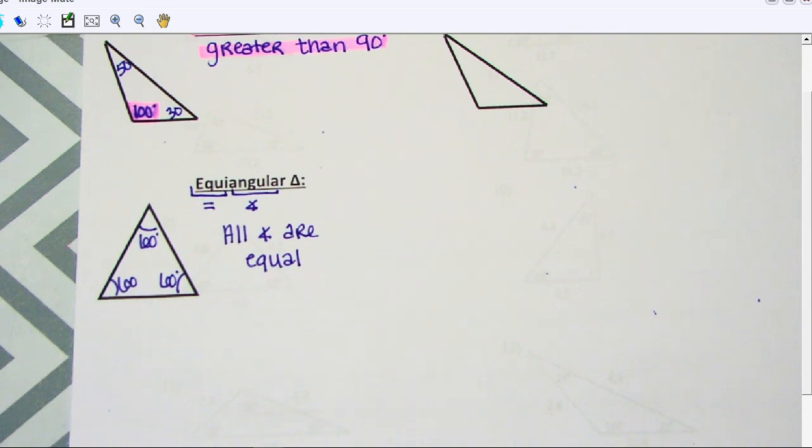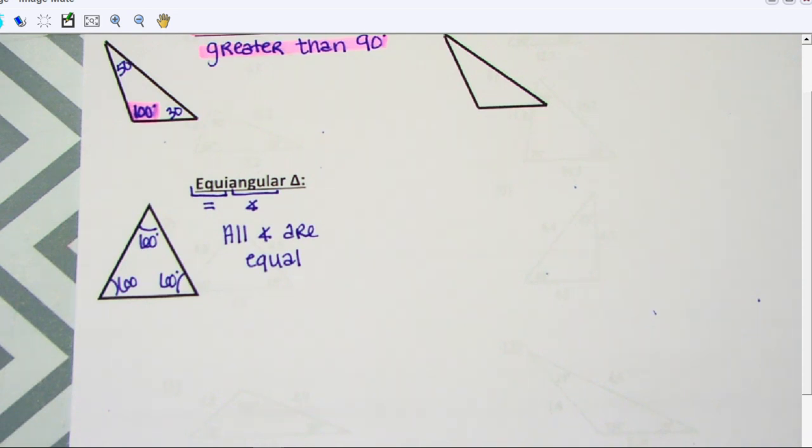Now, technically, yes, it is acute, because they're all 60. That's all less than 90. But we want the most specific terminology when we're classifying. So if they all happen to be 60, we don't want to call it acute. We want to call it equiangular.